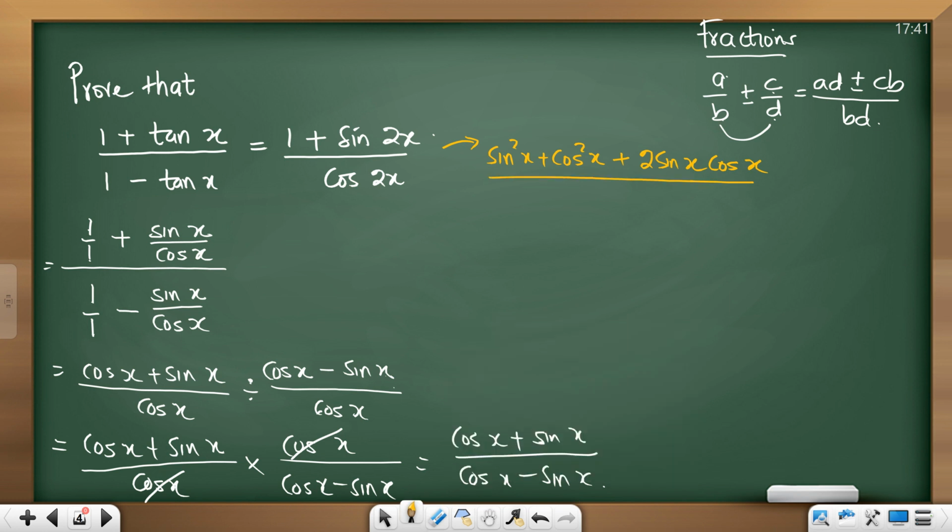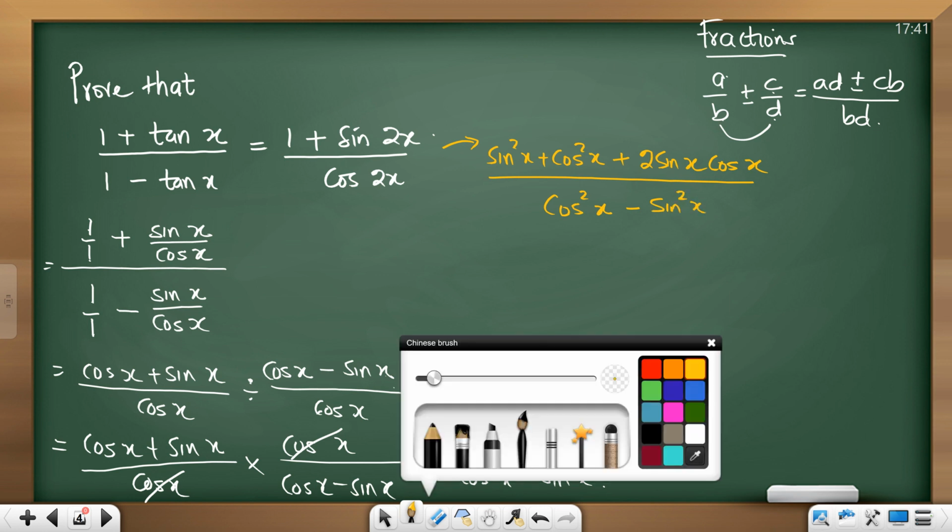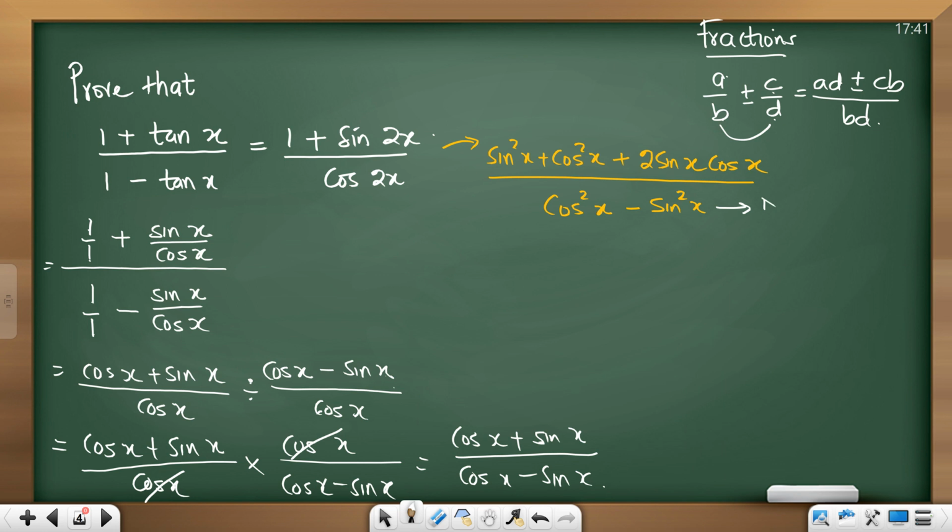What is cos 2x? Look at where I'm going. Do you see my answer is cos x minus sine x, right? Cos 2x is cos squared x minus sine squared x. And this is difference of 2 squares. Please, you must know that.